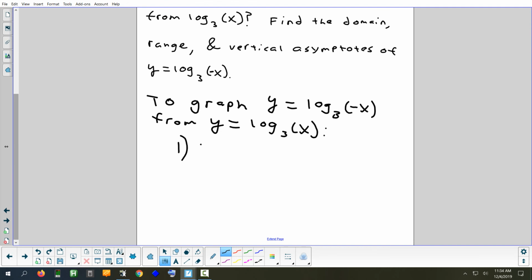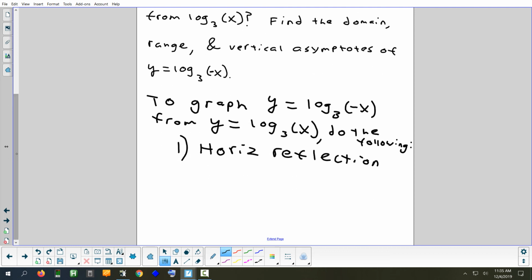Horizontal reflection. So maybe I should say, do the following. Step 1, horizontal reflection. And that's it. That's all we got.